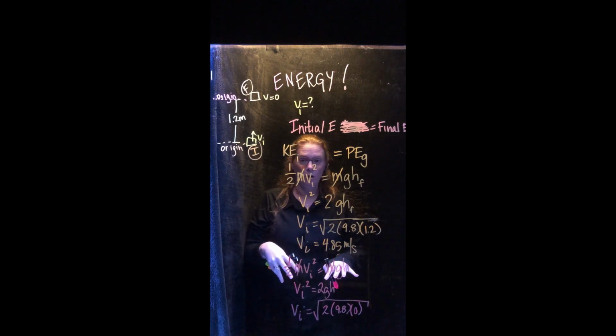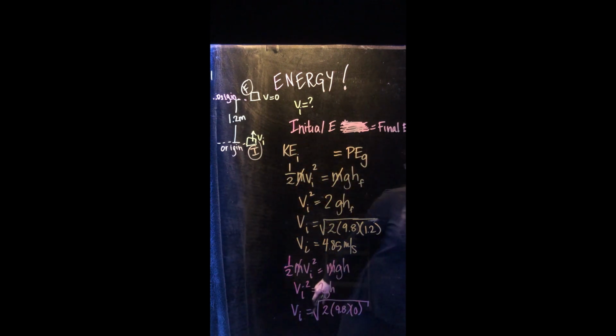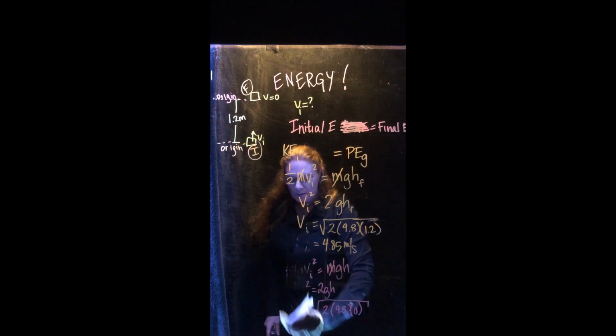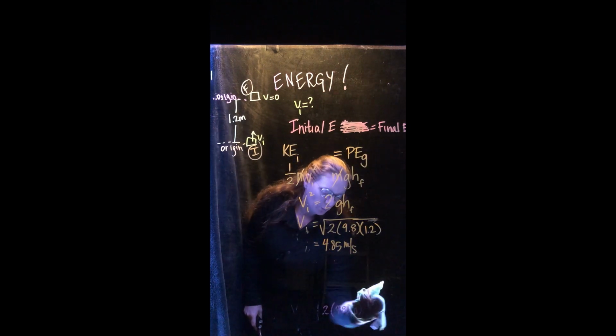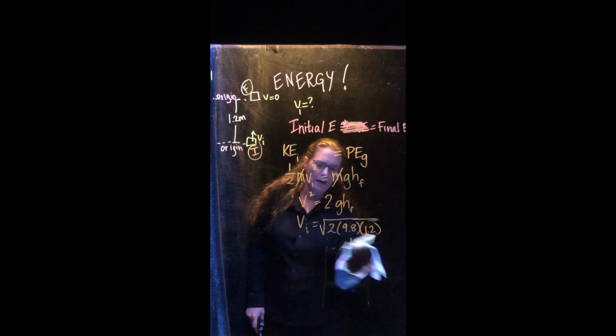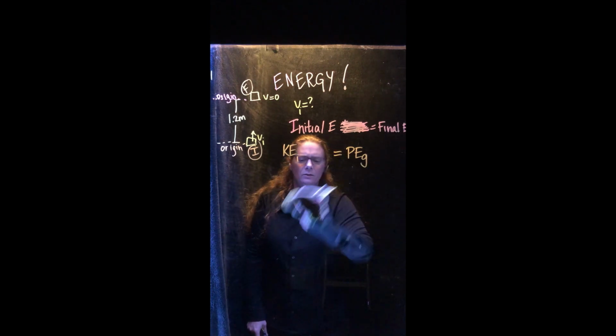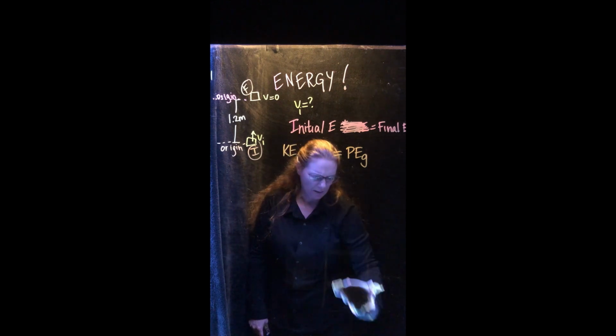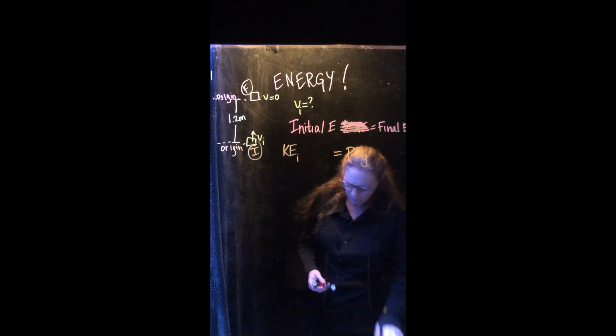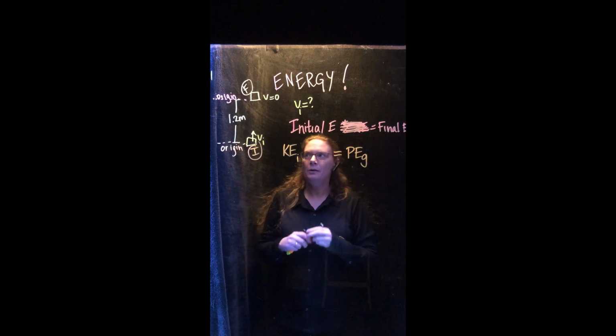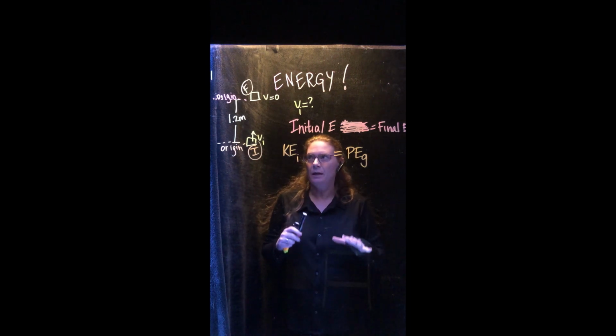This does not work. Well, that means we have to erase. So what we're going to do is go back to this step and say, okay, what do we have to do to change this step to make this true? What I just said is that if you're not at the origin, you have to take into account height.